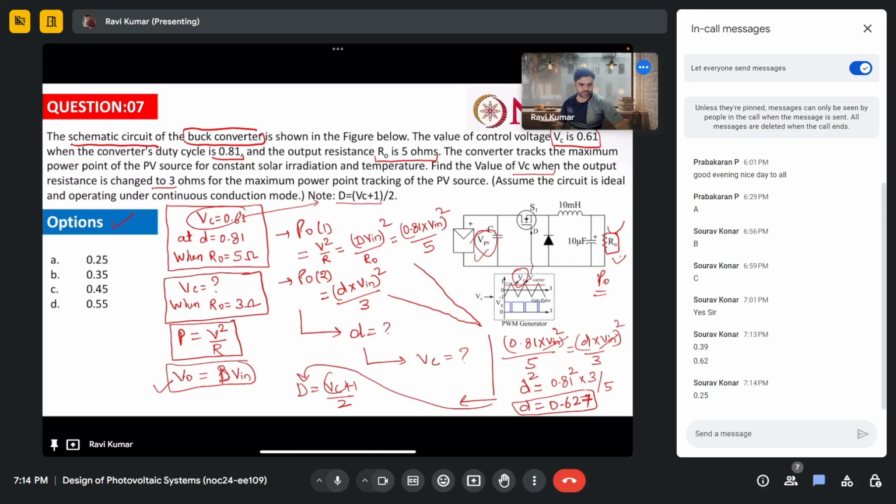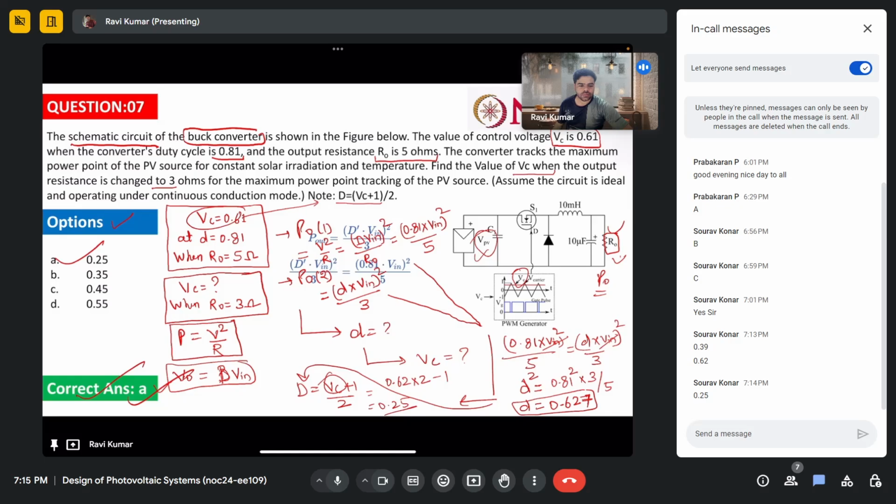So it's like this: 0.627 into 2 minus 1 gives 0.25. Answer is A. Correct answer is A.